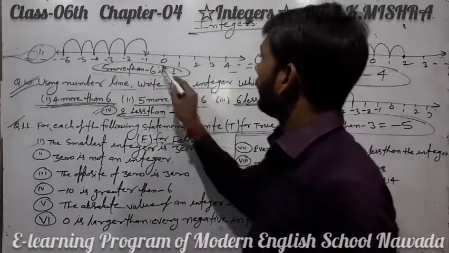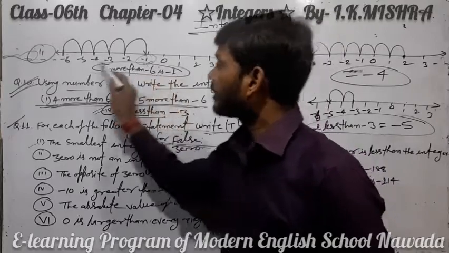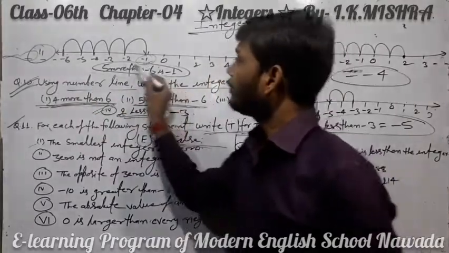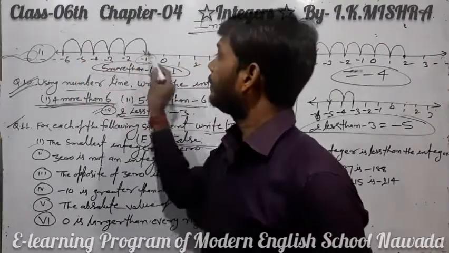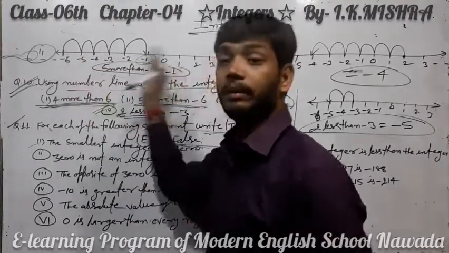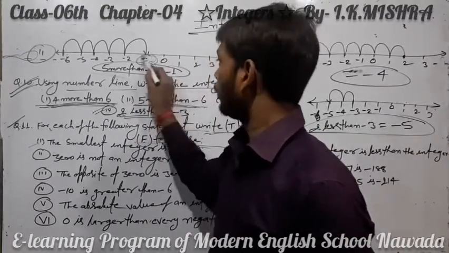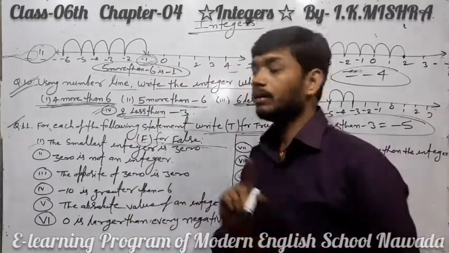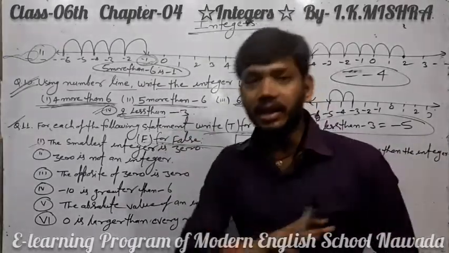Students, here minus 1 is the largest negative integer, because if you go from right to left in this direction, the numbers get less than the previous. So here minus 1 is the largest negative integer, but there is no largest integer.